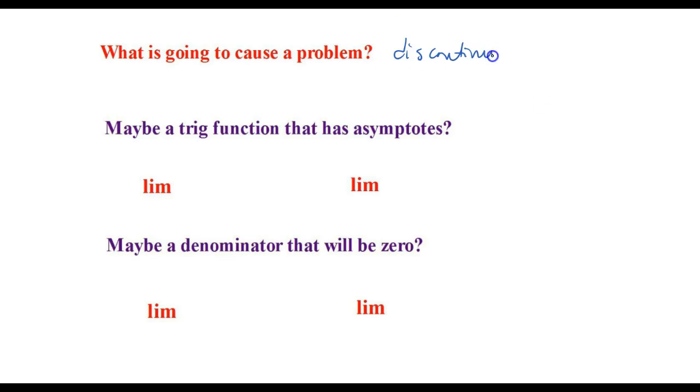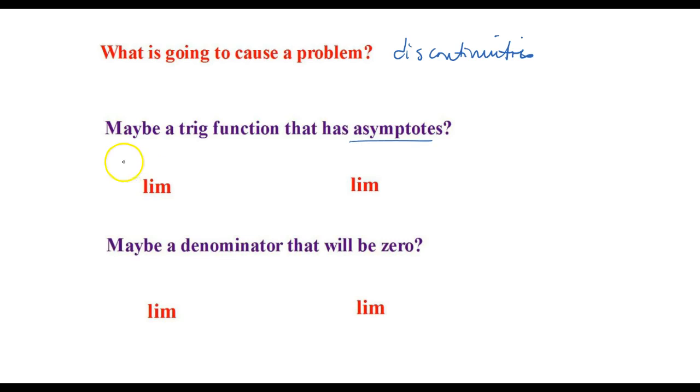Discontinuities are huge. They're going to cause a problem. And what kinds of discontinuities have you learned about? Well, you've learned about vertical asymptotes and maybe even holes, right? So, or gaps in the graph. So all of those are discontinuities where you need to be careful, and maybe the limit will or won't exist, right? You've got to think about it.